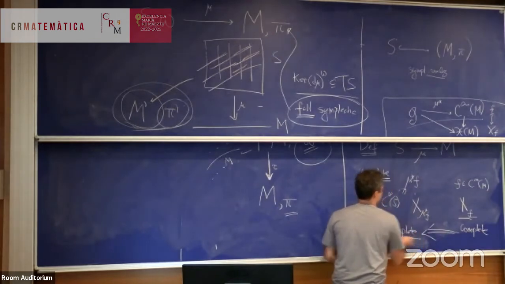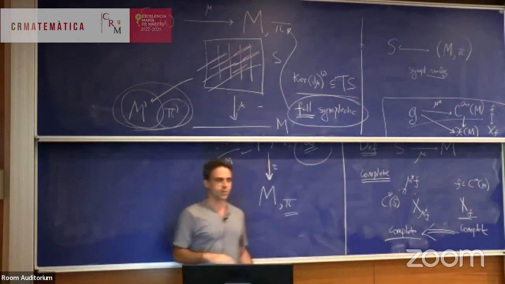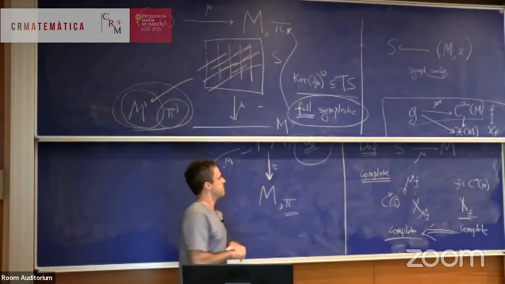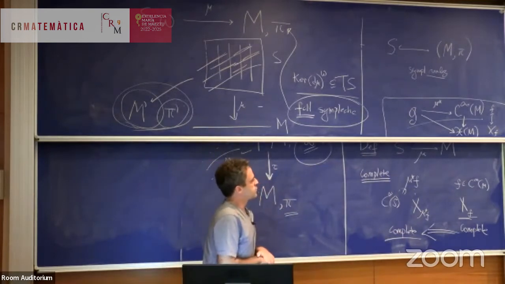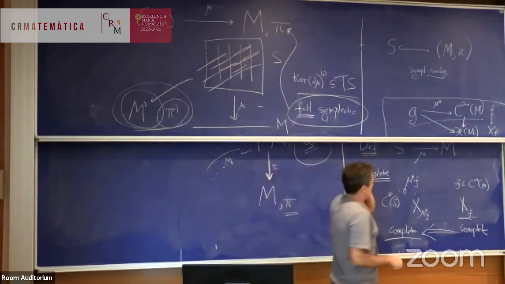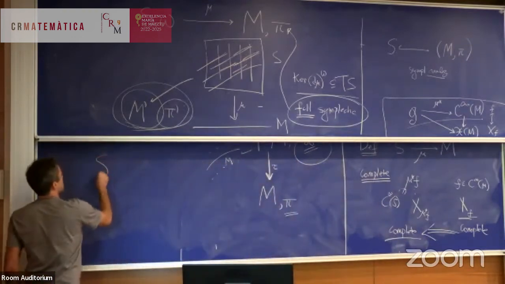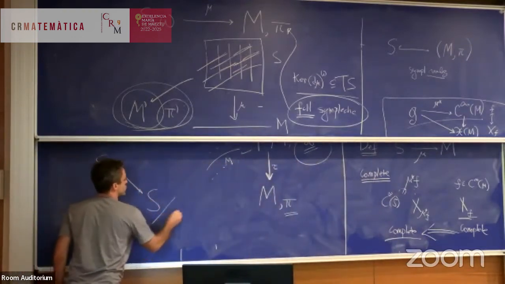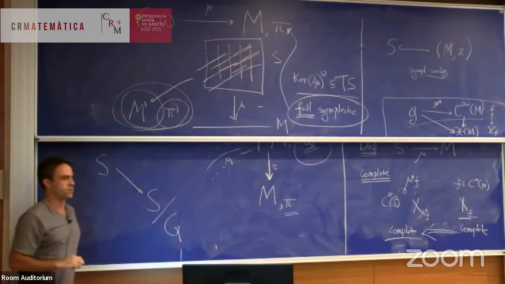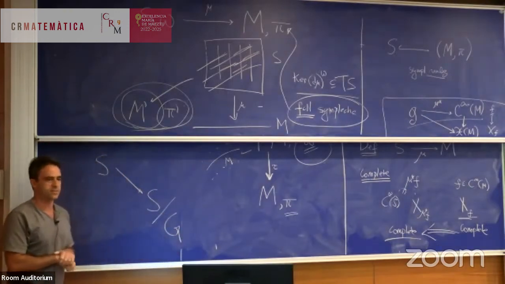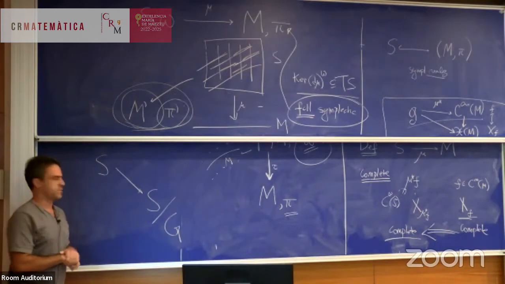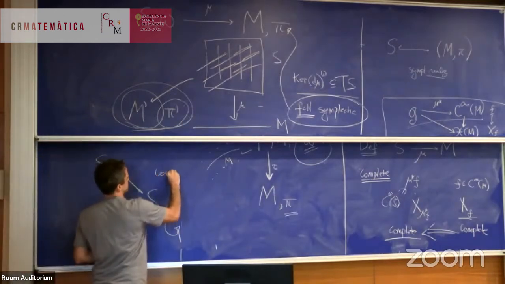That's the definition of completeness for a Poisson map. And by the way, I think that's another problem in the problem set, that this example of quotients by symmetries of symplectic manifolds is a complete symplectic realization.